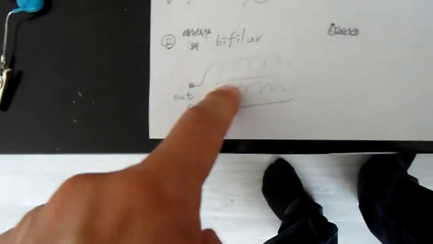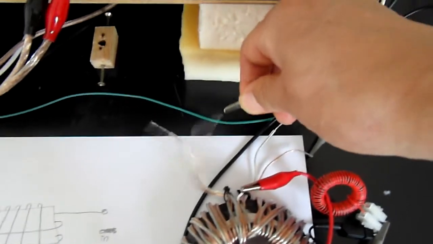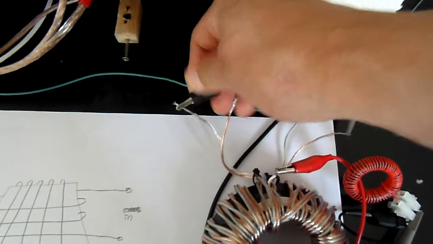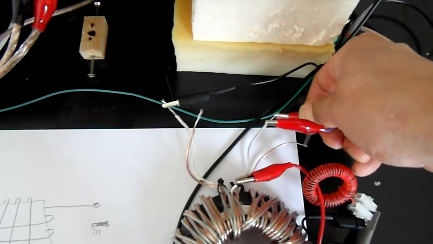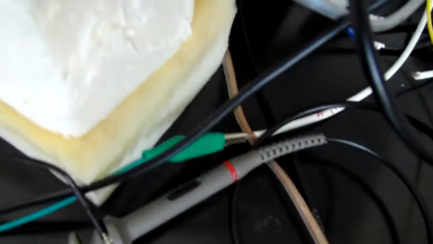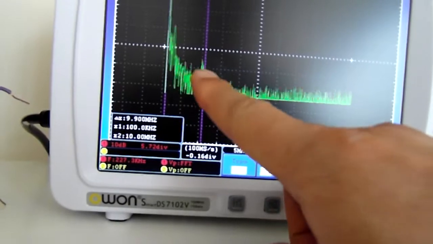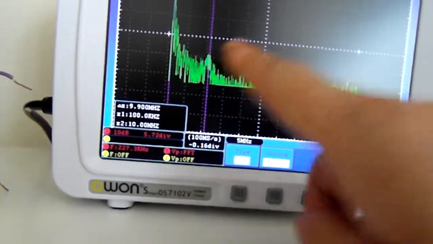Now I'm going to the number 2, bifilar. To make the bifilar, I am connecting the end here, and this and this are connected through here, and the red probe is going to measure the frequency response. As we see, although we make the bifilar, it's still there.